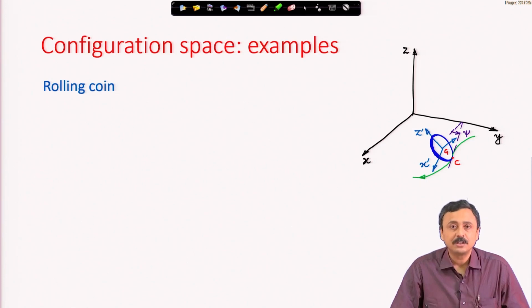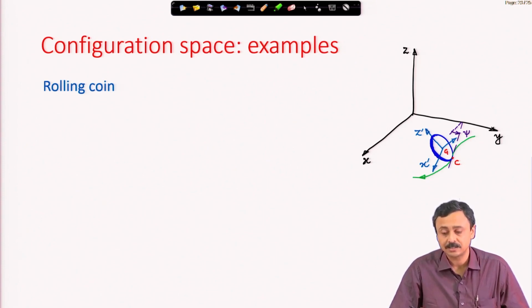Y prime is the normal to the coin face passing through G, and x prime is perpendicular to the vertical direction. That means, x prime cap dot z cap is 0. It is perpendicular to the ground fixed z axis, and also lies on the plane of the coin, and z prime of course lies on the plane of the coin. We have fixed the axis, we have fixed one direction, that is psi.